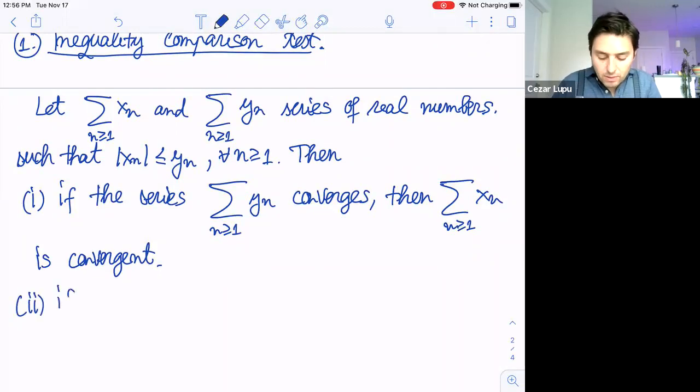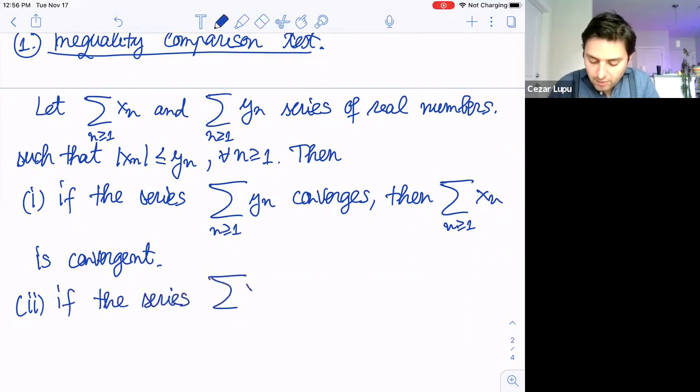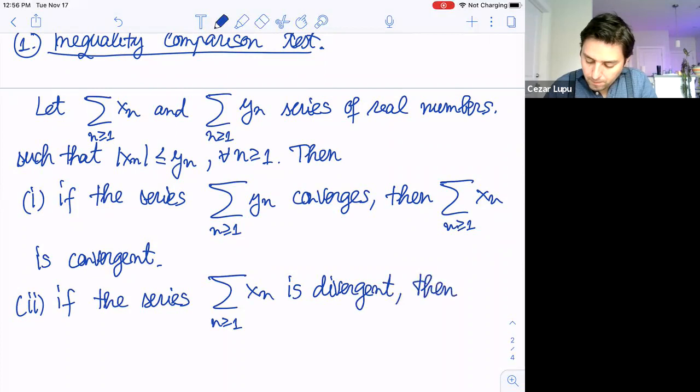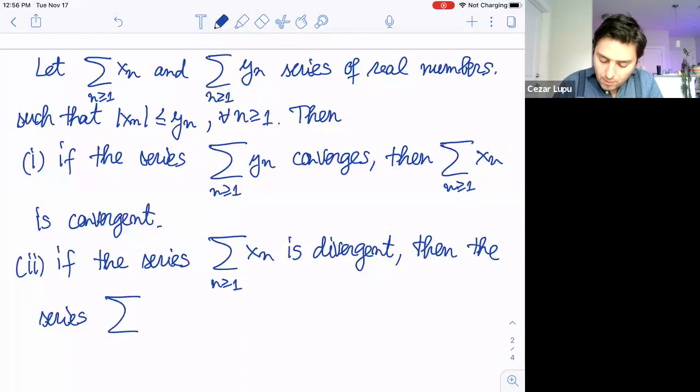If the series of Xn is divergent, then the series of Yn is divergent.